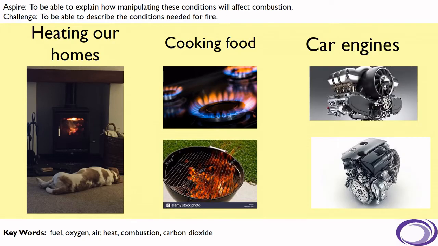Many car engines, specifically petrol, diesel and biodiesel car engines, rely on combustion. They use that reaction to drive the engine, which will provide the thrust to push the car forwards.